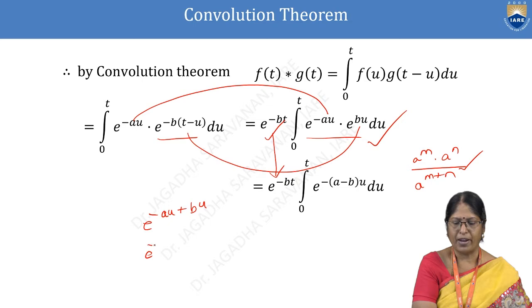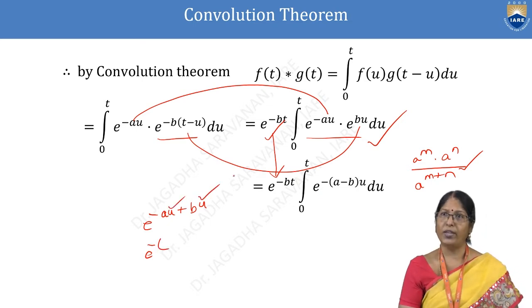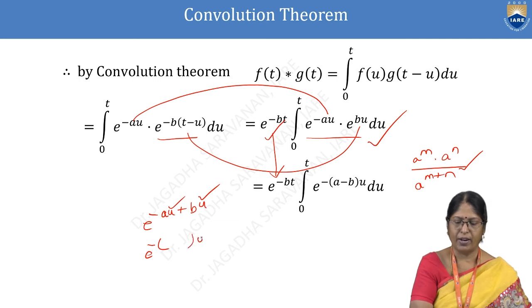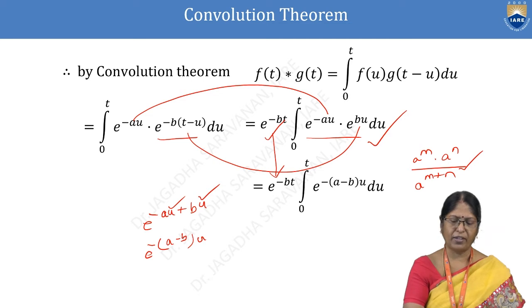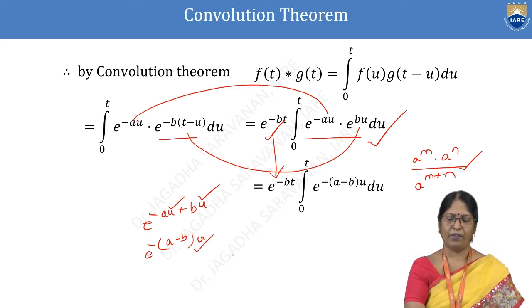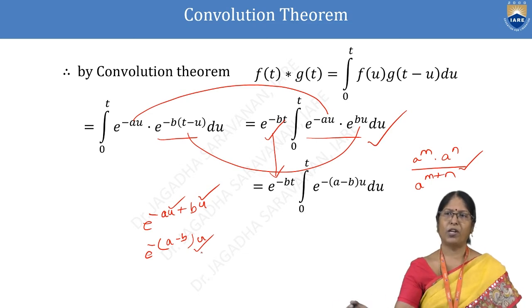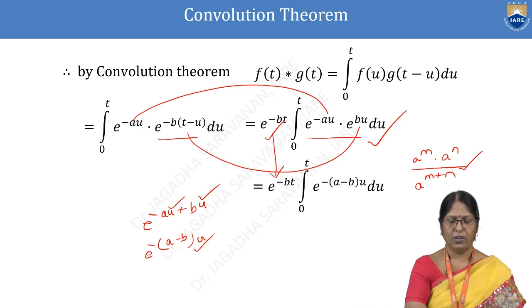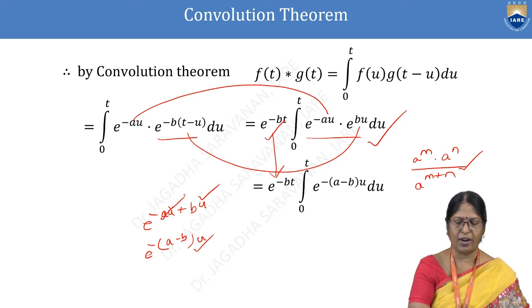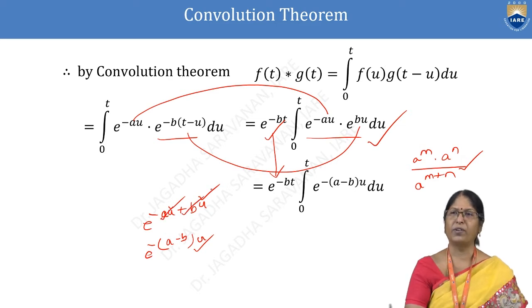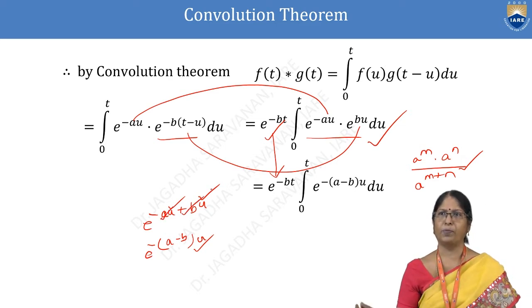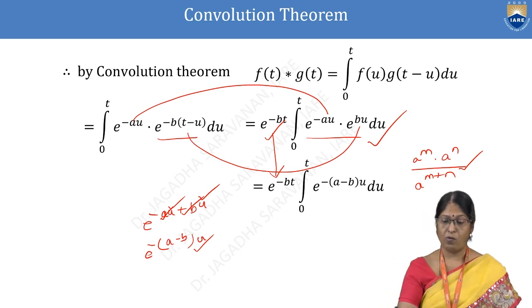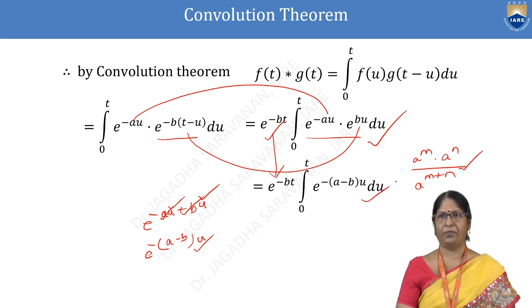Here e power is common, and u is common in both terms; we take the balance and put it. We can check it in the next step: we have to get the previous step, then we are moving on the correct path. So e power minus a, then minus into minus plus. We can recheck it to avoid careless mistakes. Fine, up to here we have completed.